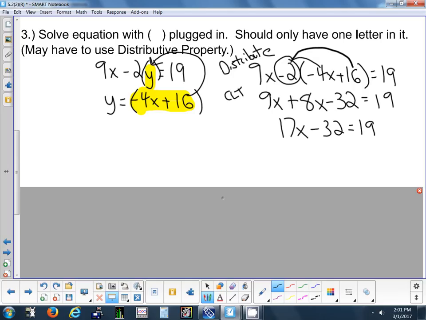Anybody know? Dominic? Next step? Starts with an I. Isolate. Right? Isolate the variable, because it could be x or y. I'm going to isolate the variable. Natalie, do you know how to do that?